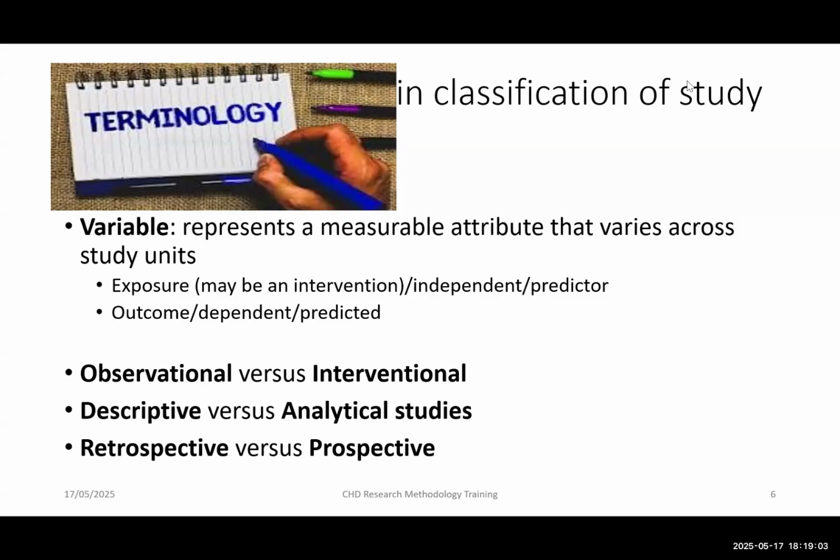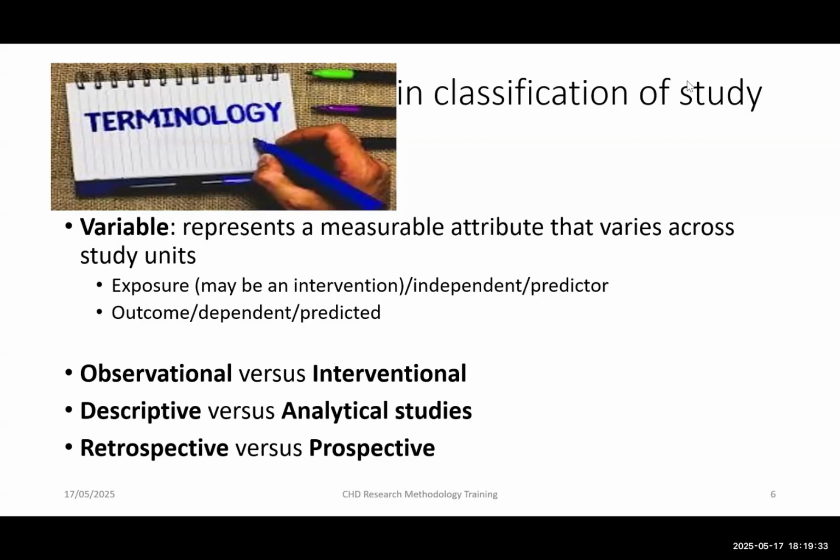And the researcher is just going to observe. Then there are experimental studies, where the researcher gives an intervention to a group, the intervention group, and does not give it to the other group. Studies can also be classified based on whether they are descriptive or analytical.